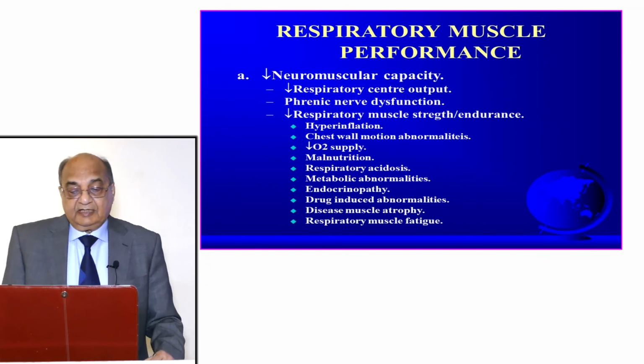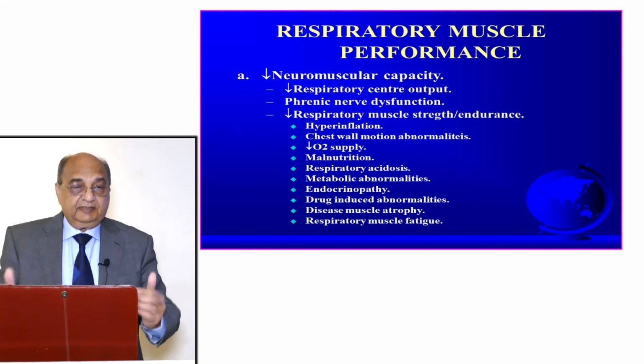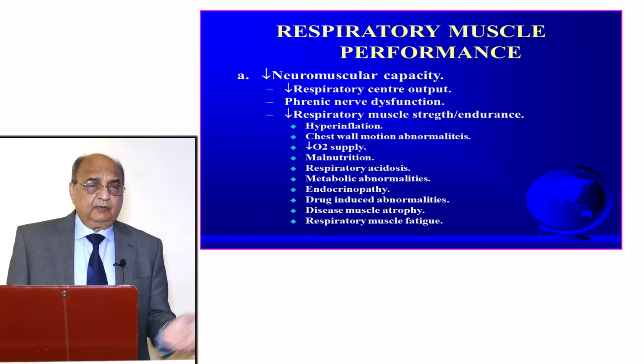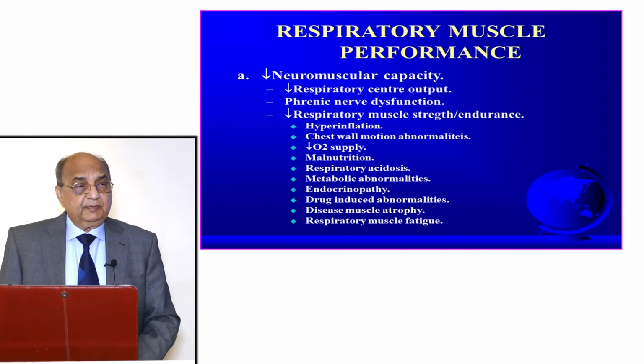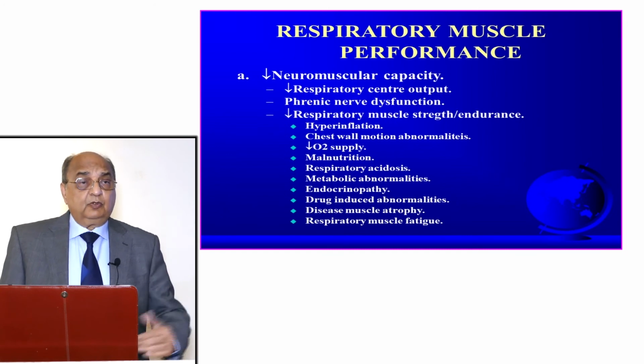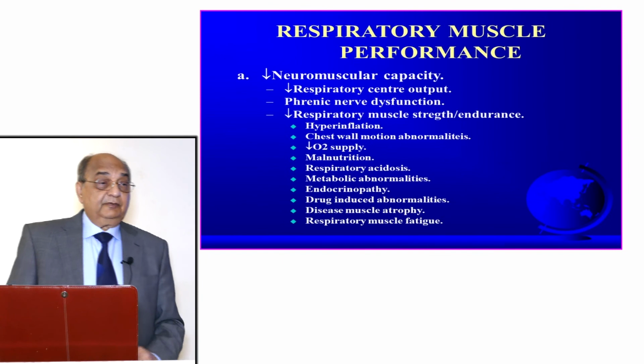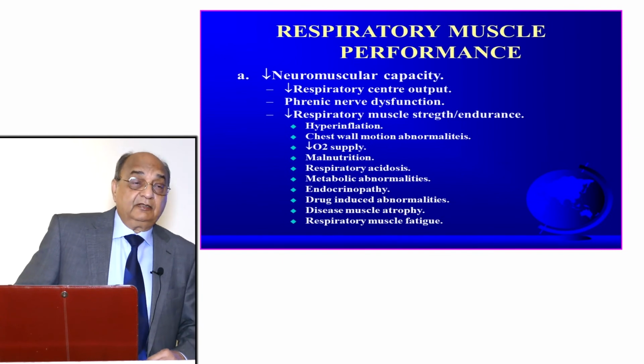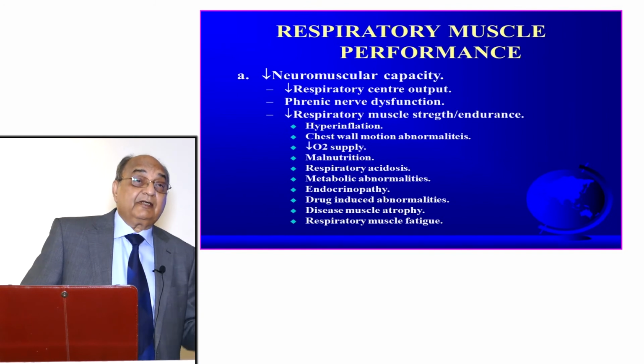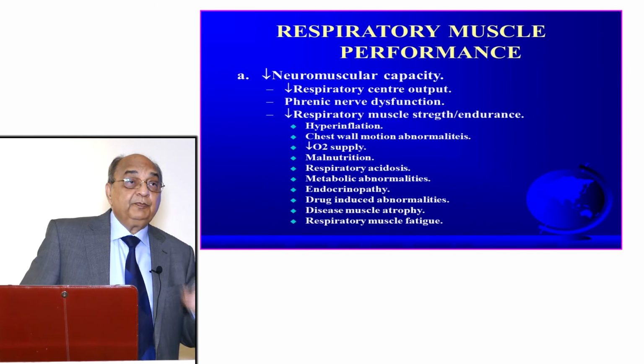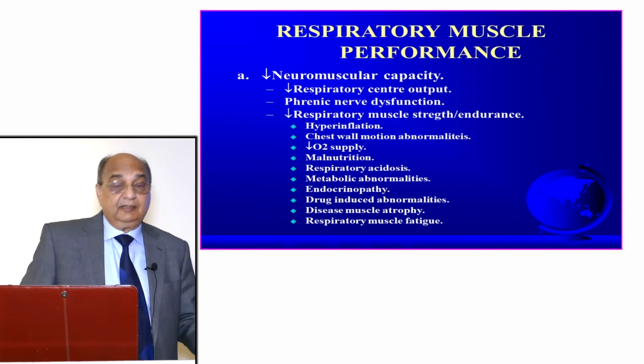Then third thing is the respiratory muscle strength and endurance. Is there anything which is affecting the respiratory muscle strength? Even if the respiratory muscles are normal, hyperinflation of the chest, if we are ventilating the patient with a large volume of gases, or large volumes of gases are being trapped in the lung at the end of expiration, will have an impact on the outcome of weaning also.